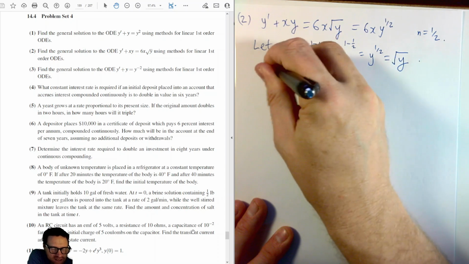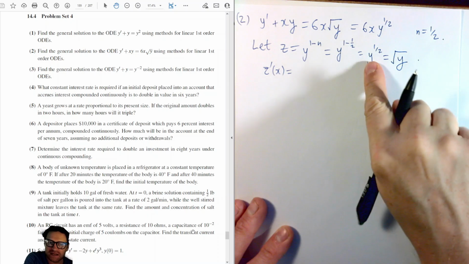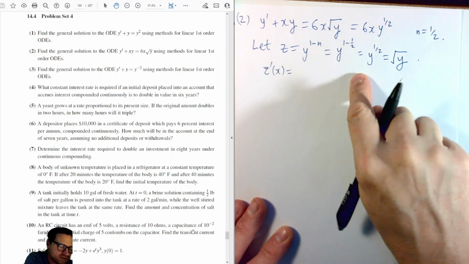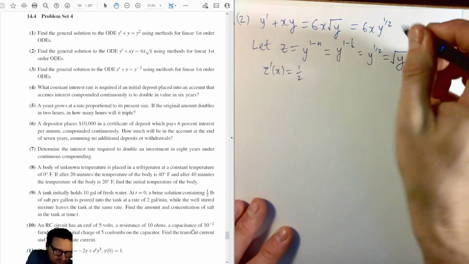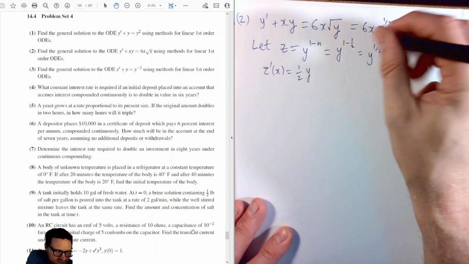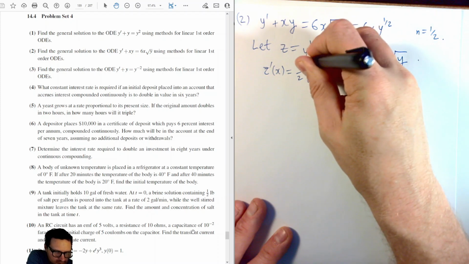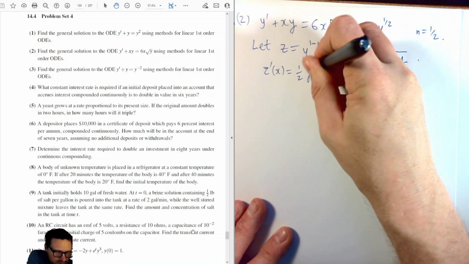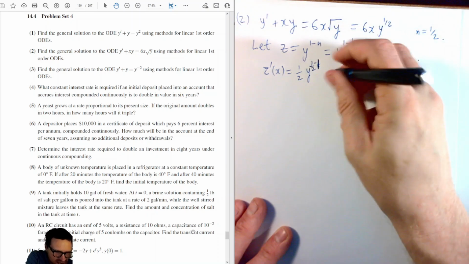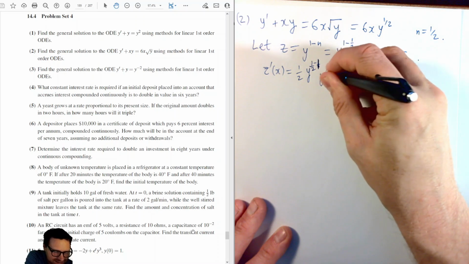Z dash as a function of x is equal to, now just looking at it from this point of view, we bring down the 1/2, subtract 1 from that exponent. So 1/2 minus 1 is minus 1/2, and then we need to multiply by the derivative of y with respect to x.